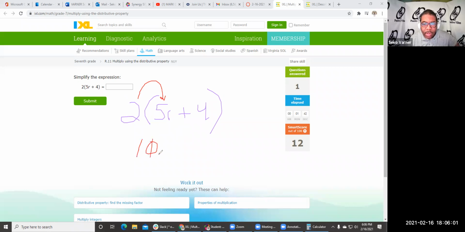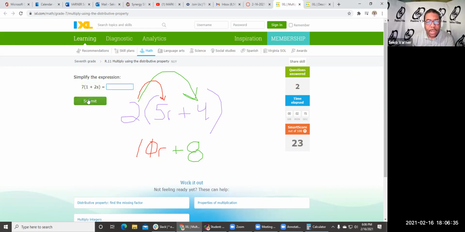And since we don't know what the r is, we're just going to carry the r. And now we're going to do 2 times positive 4, which is 8. So we distributed the 2 to the 5r, and we distributed the 2 to the 4. So we came up with this answer: 10r plus 8.